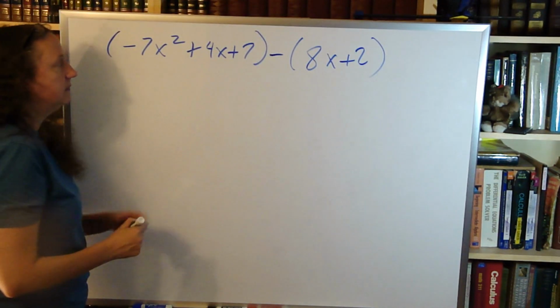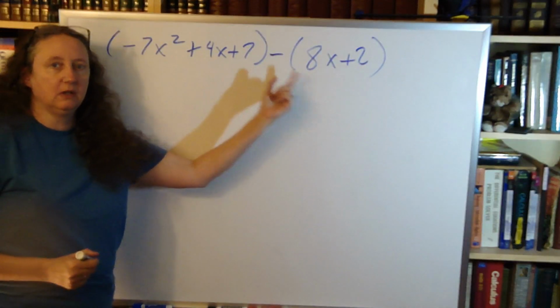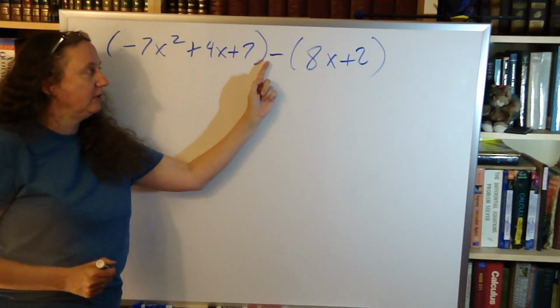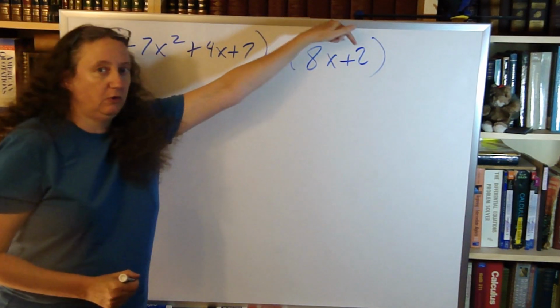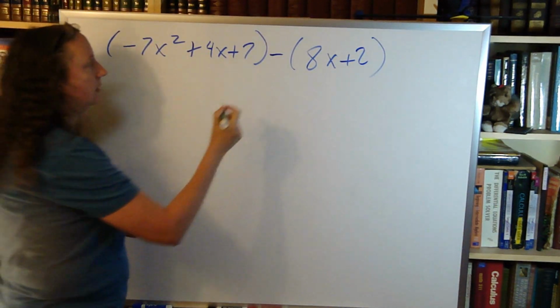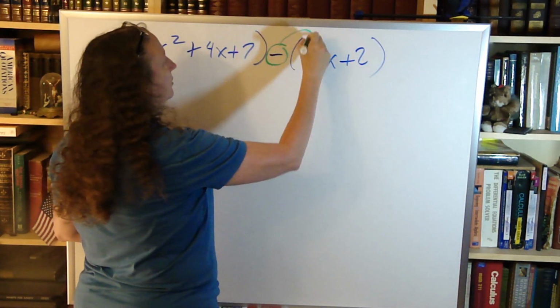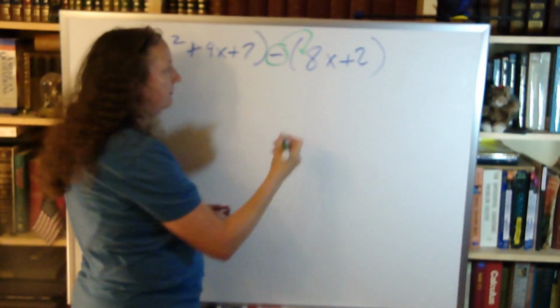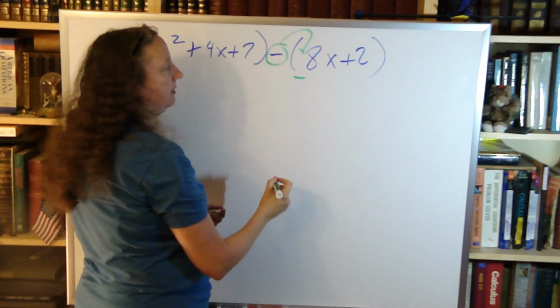So once again, I am subtracting a polynomial from another polynomial. I have to be careful about distributing this into those other two terms. So if I distribute that, there's no sign written, so it's assumed to be positive. Multiply it in, becomes negative.